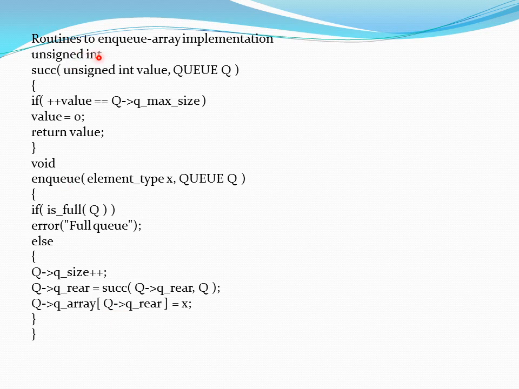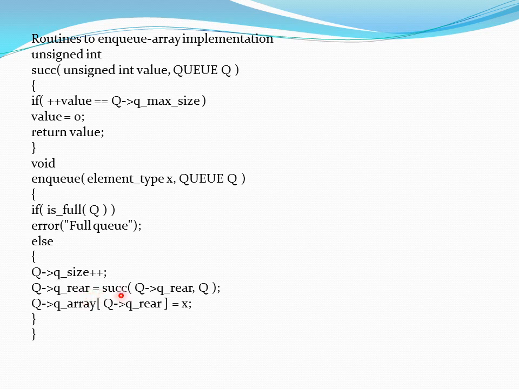Next, routine to NQ. Here, void NQ, element type X, comma Q. First, we are checking whether the queue is full or not. If it is full, we can't NQ an element. Otherwise, we are incrementing the size value, which is the number of elements currently present in the queue. Then we are getting the rear position.